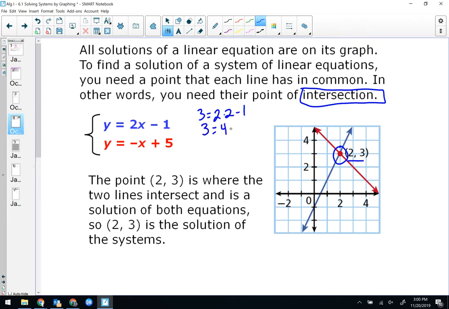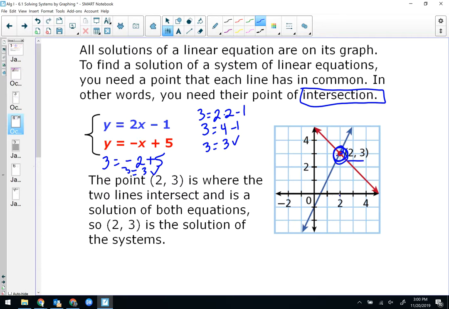Does that come out to be a true statement? Yeah. Does the second one come out to be true? 3 is equal to negative 2 plus 5. 3 does equal 3. So graphically, the solution to any system is where the two lines cross. It's nice with this one because it's crossing at a nice clean point.